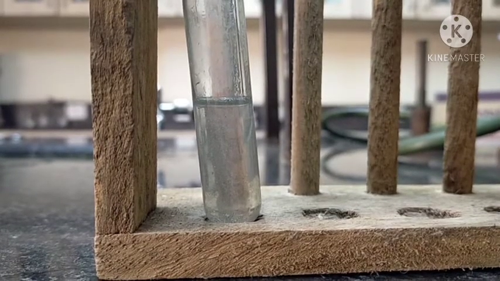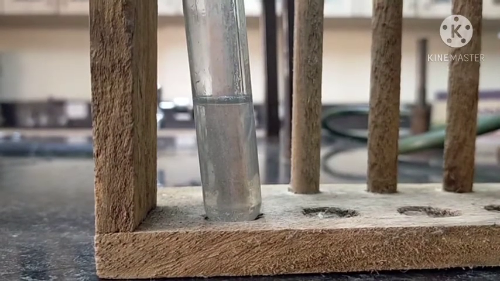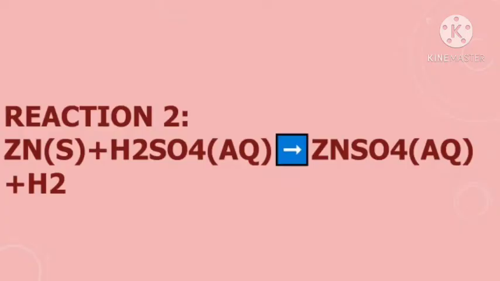Here we can say this is a displacement reaction. In this particular reaction, the zinc dust in solid form and H2SO4 in aqueous solution are the two reactants. When they react with each other they form one product, that is zinc sulfate, and liberate H2 gas, that is hydrogen gas.